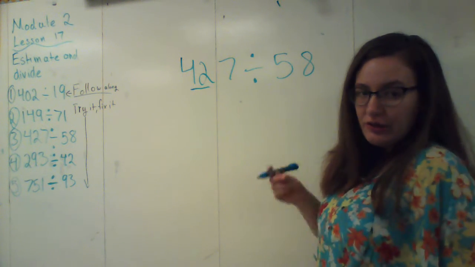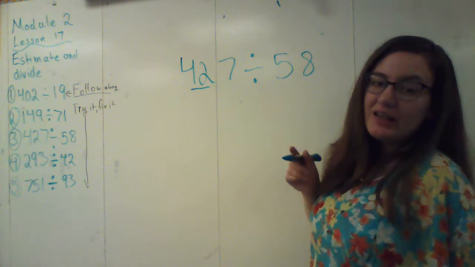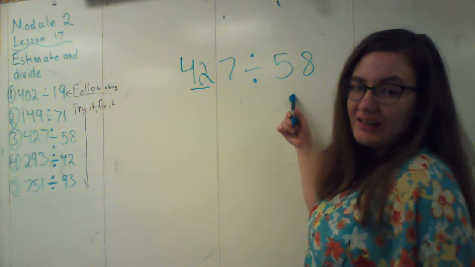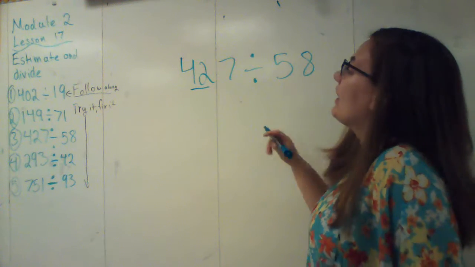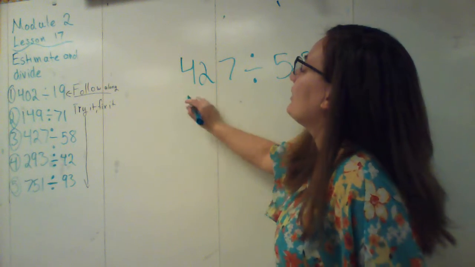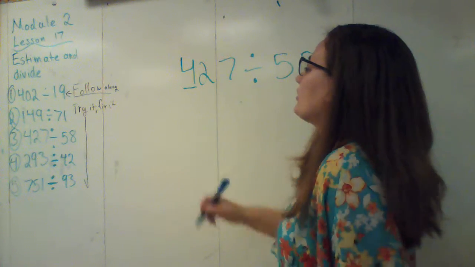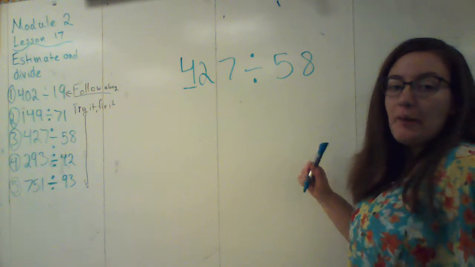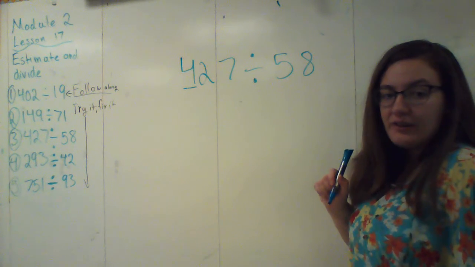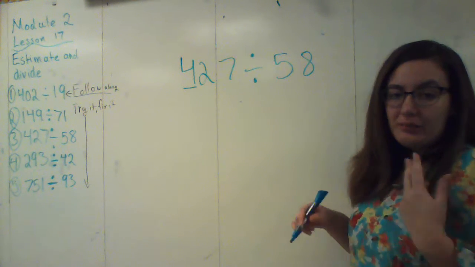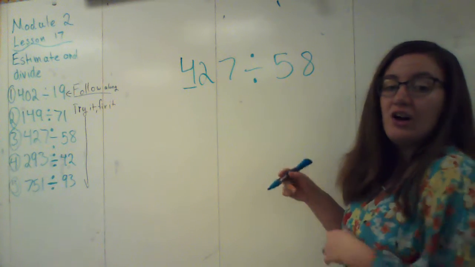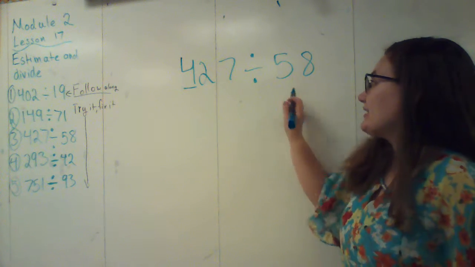The number 42 kind of stands out to me because I know that I could round that and divide this by 60, do 420 divided by 60. I could also round this to just 400, and I could break the rules and round that to 50. So you have a couple of options right now on how you want to solve this. I'm going to do both because you might have done one or the other of these options.